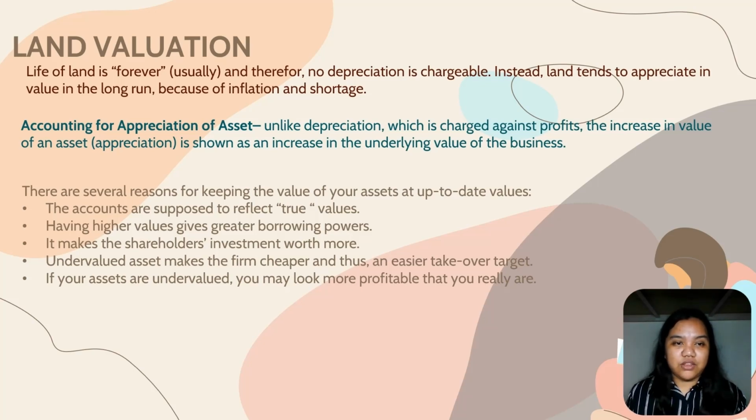You can see that the asset is undervalued because sometimes there are no changes in your asset, so it does not show that you have improved. Next, if you undervalue assets, you may look more profitable than you usually are. An undervalued asset makes the firm cheaper, thus it is a takeover target. So you become a target if you have a big asset that you did not value.